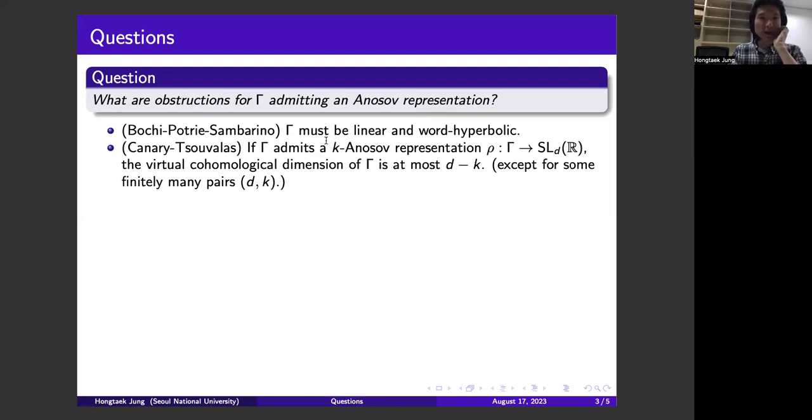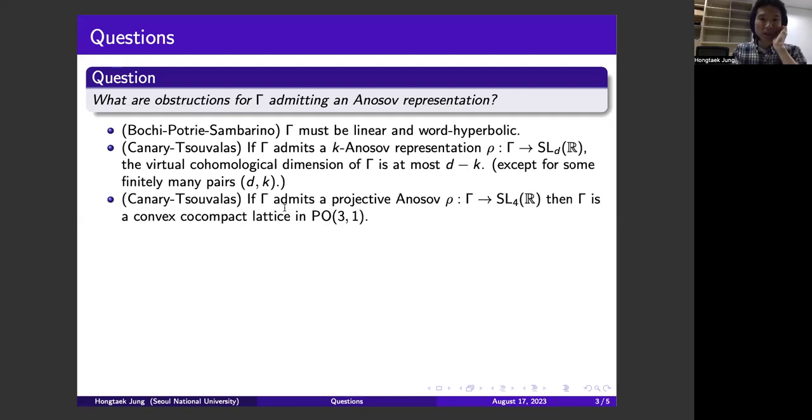And Canary and Tsouvalis actually proved that if Gamma admits an Anosov representation, then its virtual cohomological dimension cannot be very large. They gave an upper bound for the virtual cohomological dimension in terms of d and k, and the upper bound is given by d minus k. There are some finitely many exceptions, but this is the generic case.